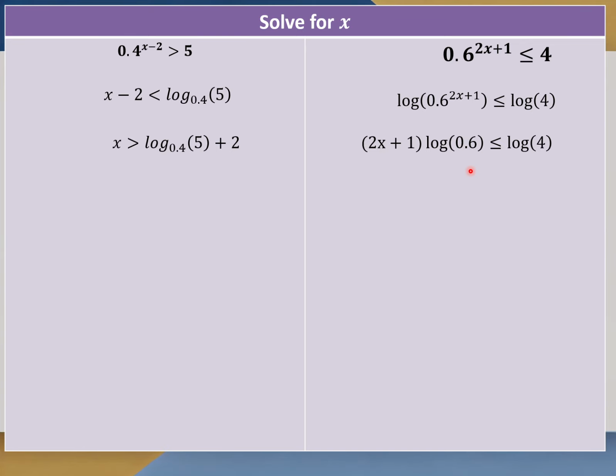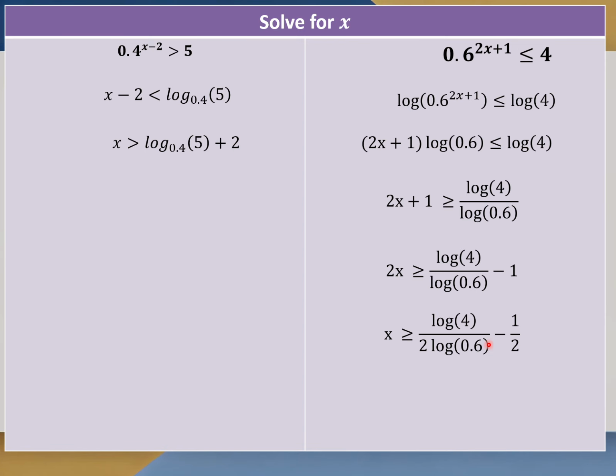We said before that if a is less than 1, so between 0 and 1, then I need to switch the sign, so I'm going to switch it over. Finally, I just need to take away 1 from both sides, and then finally to get x by itself, I need to divide everything by 2. So we've got log 4, so x is equal to or greater than log 4 over 2 log 0.6, take away a half.